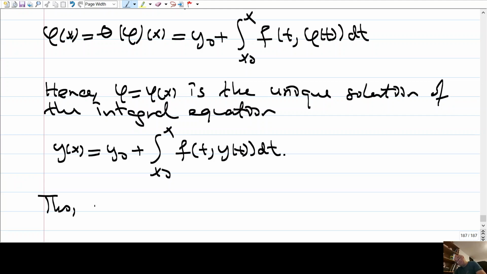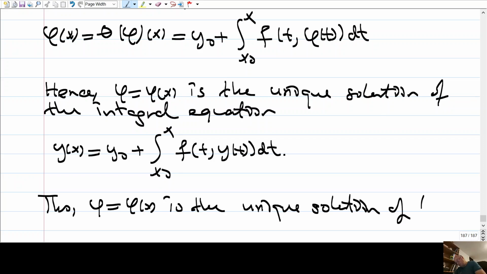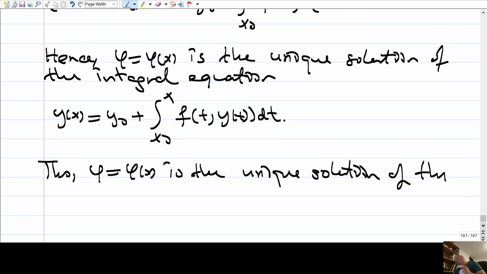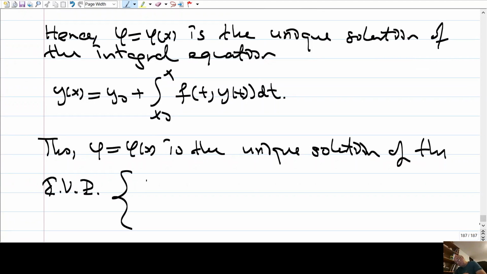Thus y is the unique solution of the initial value problem. Which initial value problem? This one. Y prime equals f(x, y), y(x0) equals y0.